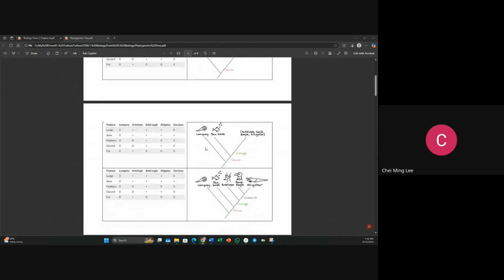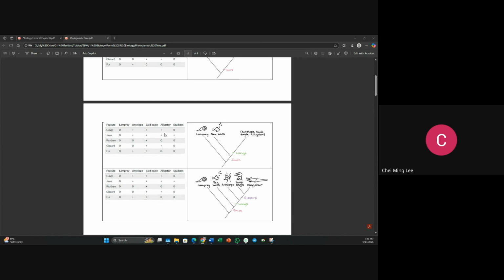Then we rearrange. For the second one, we see how many pluses each has, in ascending order. The ascending one is sea bass. So second is sea bass, where they have jaws.